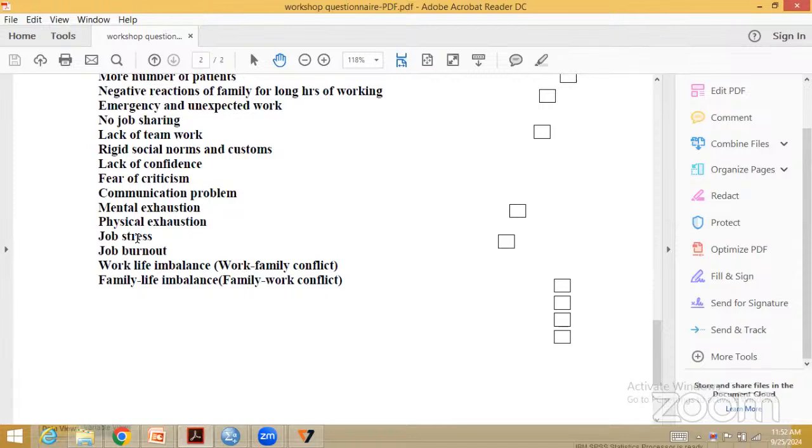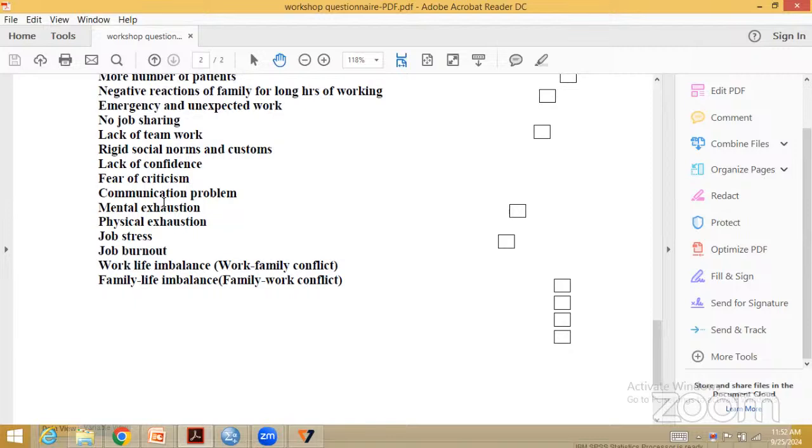I want to test the dependence, the relationship between job stress and mental exhaustion, physical exhaustion. Anyway, mental exhaustion and physical exhaustion definitely will create job stress. When you have more stress in your job, definitely it will create job burnout.